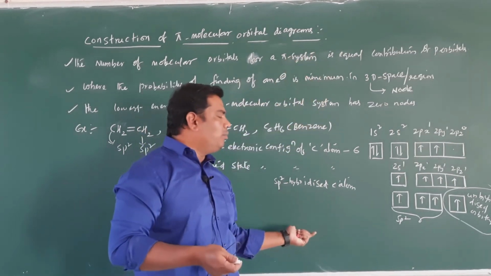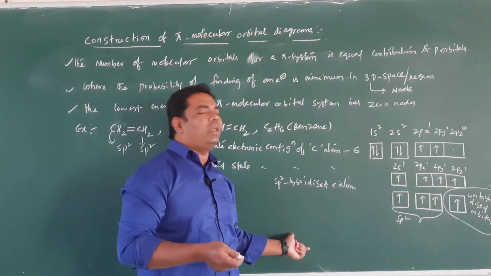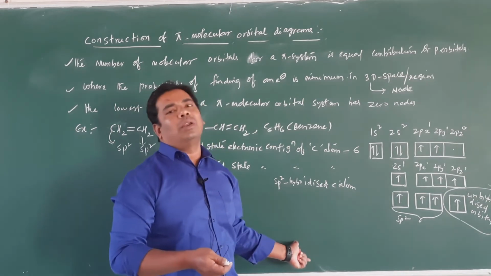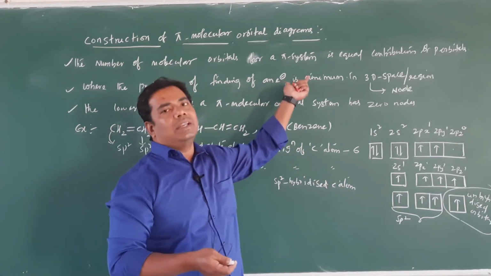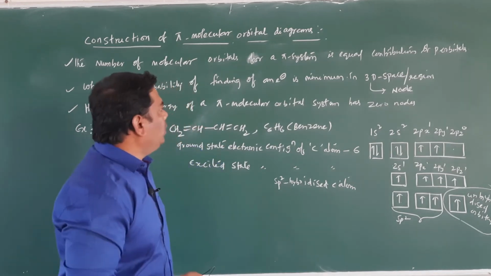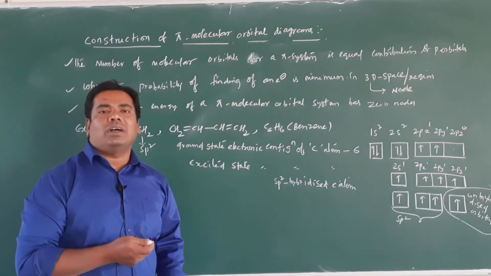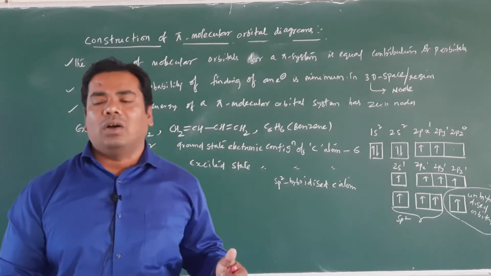The more bonding interactions, the lower the energy state. In the lower energy state, no nodal planes are present. In the higher energy state, more nodal planes are present. Clear, student? So this is the information on construction of a pi molecular orbital diagram.